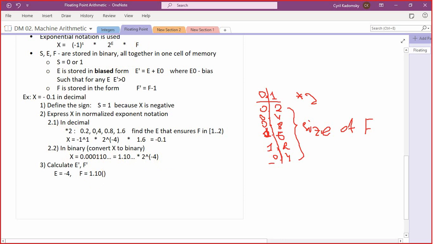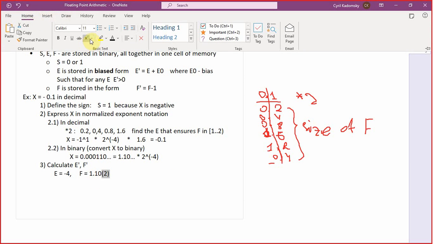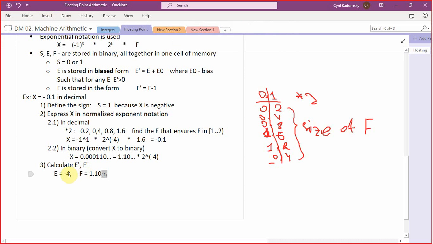1.10. In binary, we have already converted this one to binary, so I just note that it is already in binary. This one is not, but we should also convert it to binary.